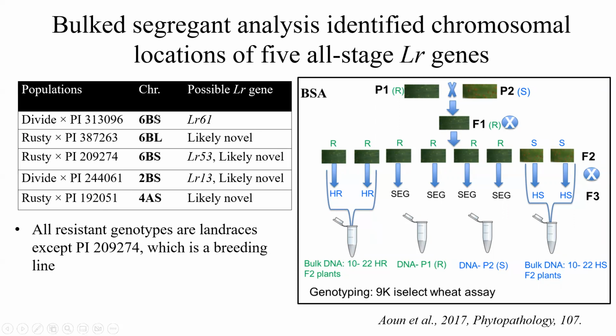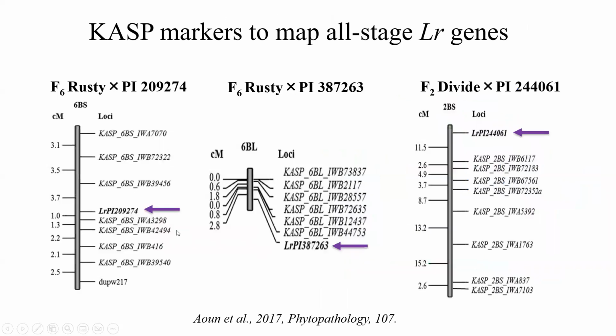I did an inheritance study, and I found that the leaf rust resistance was conferred by a single resistance gene. Bulk segregant analysis was a rapid and very efficient approach in this case that allowed the identification of the chromosomal region. Most of these resistance genes are possibly novel, and that was not surprising because most of the genotypes are landraces.